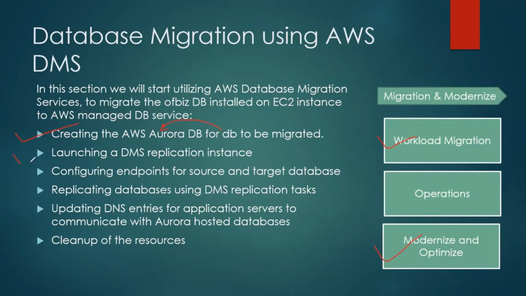Then we will launch a DMS replication instance, configure endpoints for source and target, and replicate the database using DMS replication tasks. Then we will update the DNS entries for the application server to communicate with the hosted database. Then we will shut down the database running on the EC2 instance, and the application will start using the AWS managed database. After that we will clean up the resources. Once your demo is complete, don't forget to clean up your resources. Those are the basic steps.